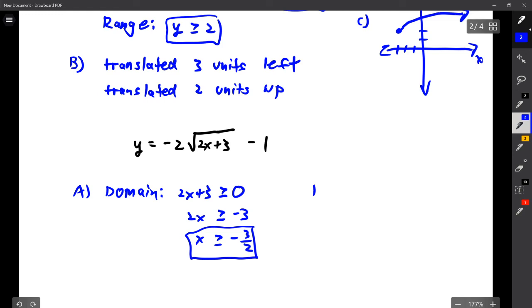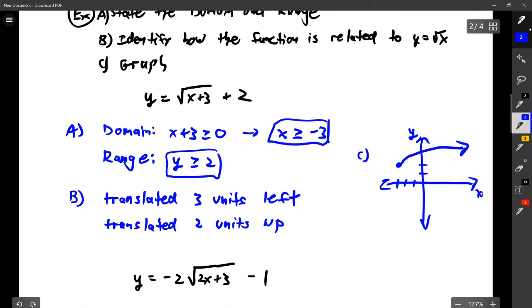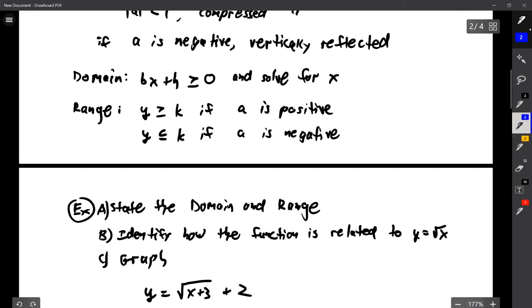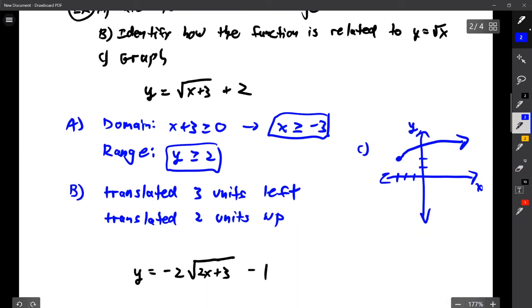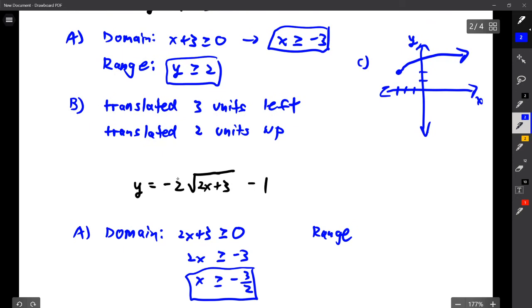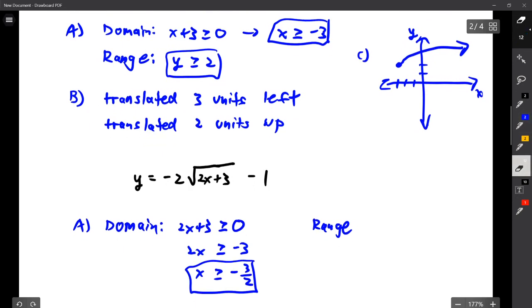All right, now let's look at the range. Well, up here, we said that the range is y is greater than or equal to k if a is positive, or y is less than or equal to k if a is negative. So here, I have a negative a value. My a value is negative 2.